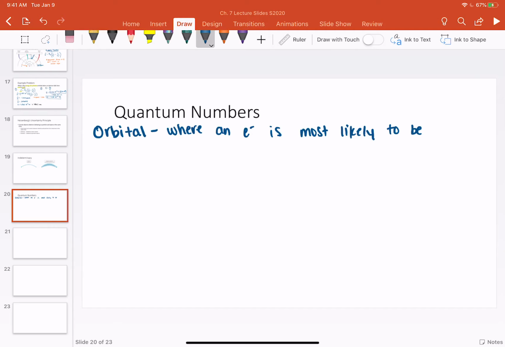And in order to identify an orbital and the electrons that inhabit it, we use what are called quantum numbers. So orbitals are identified by their quantum numbers. And there are 4 different quantum numbers that we're going to talk about.